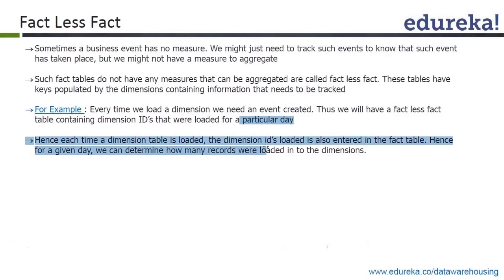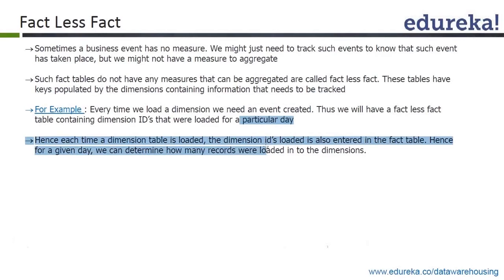It's the same thing: anytime there is a new event happening, your fact table will be populated with new keys. Just the dimension keys, no measures. Hence each time a dimension table is loaded, the dimension IDs loaded are also entered in the fact table. Hence for a given day we can determine how many records were loaded in the dimension table.